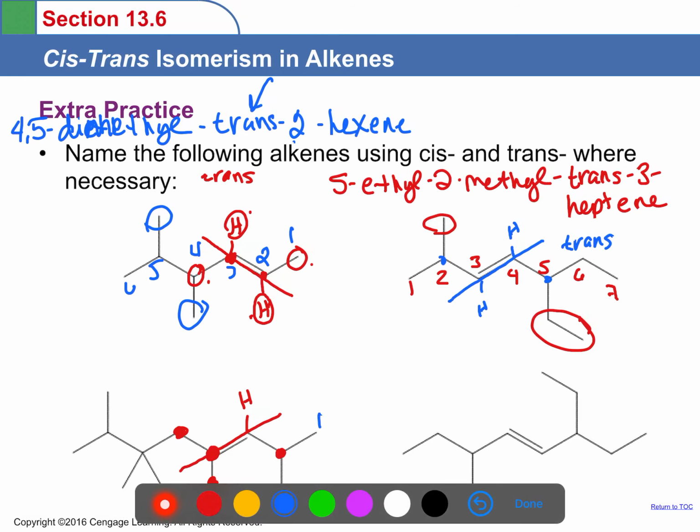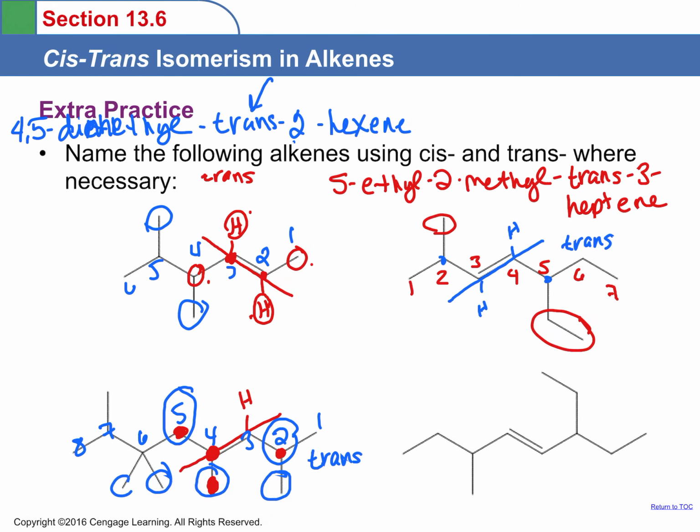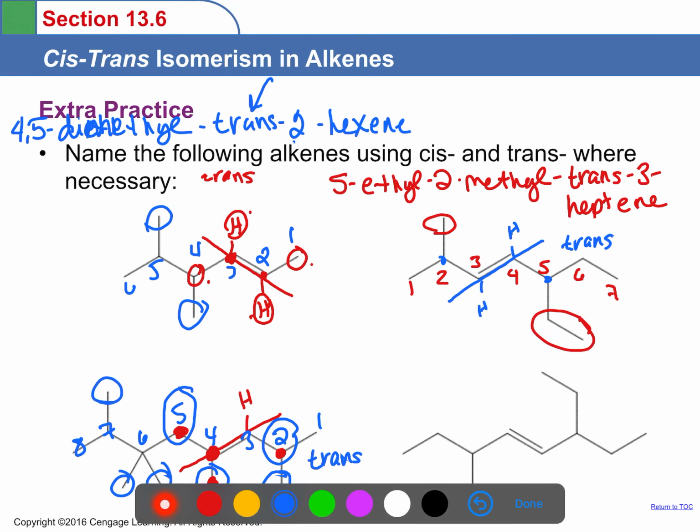So if I go through and number my chain, like I would for naming, what I'm going to notice here is that my longest chain is on opposite sides of that double bond line. I've got part of it goes towards the top, the other part of it goes towards the bottom. So we are going to call this trans. So for groups, we've got a methyl on 2, a methyl on 4, 2 of them on 6, and 1 of them on 7.